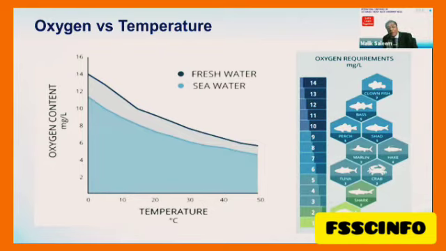At low temperature, we have around 11 milligrams per liter oxygen for seawater, and for fresh water around 14. But as the temperature increases, the oxygen concentration in the water decreases. At 50 degrees centigrade, we have around 5 or 0.5 or something like that for seawater, and for fresh water it is 6 maximum.